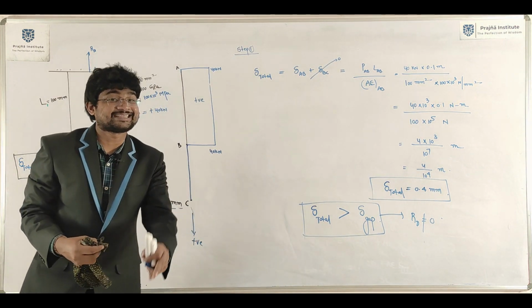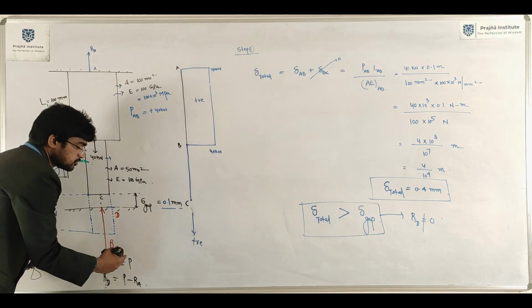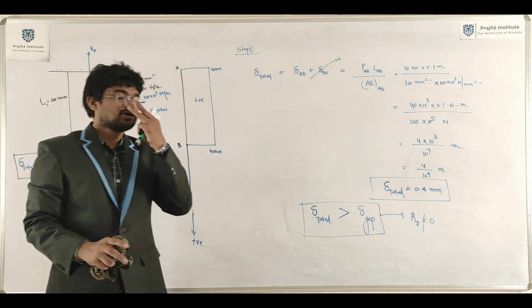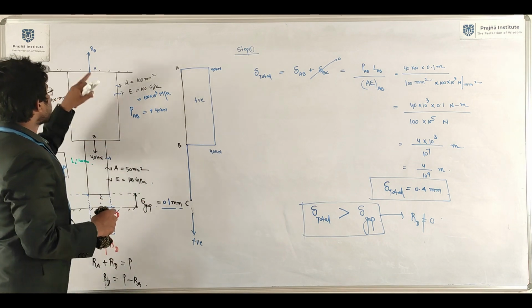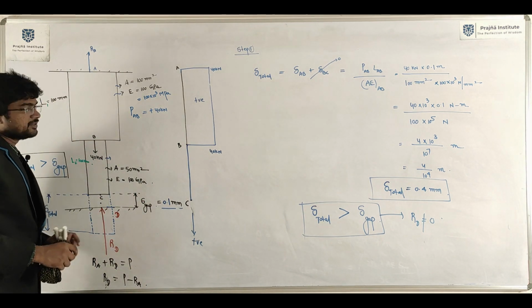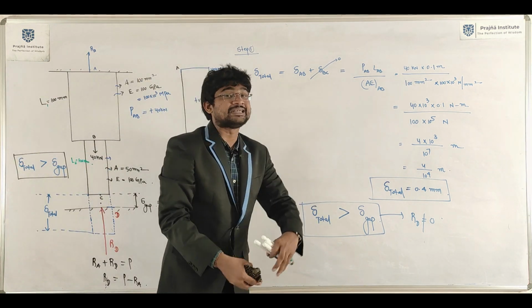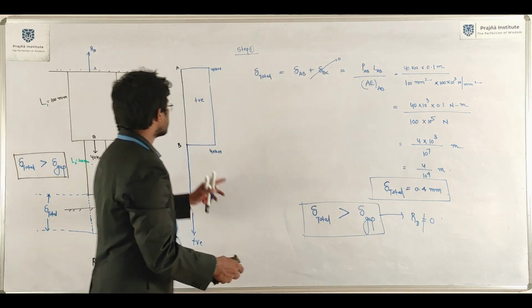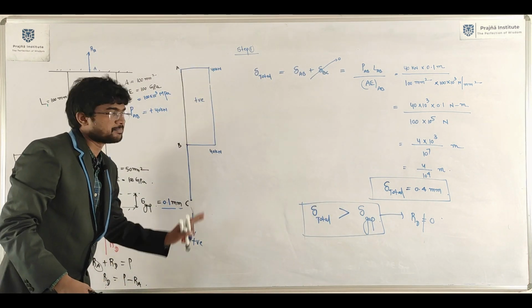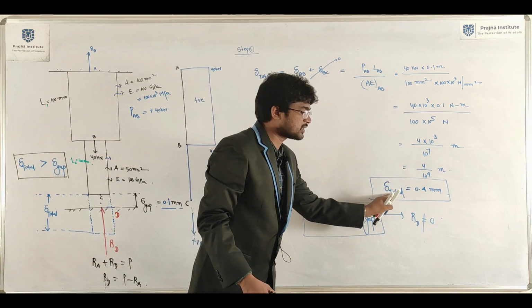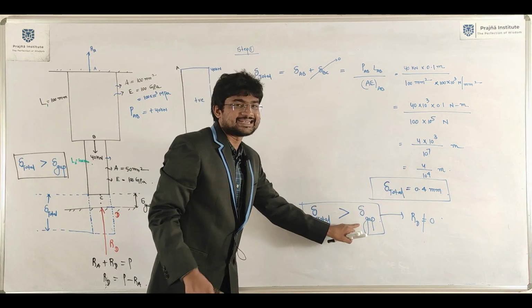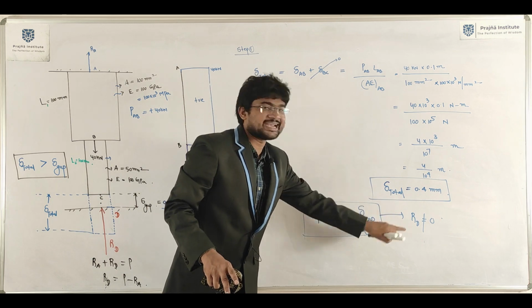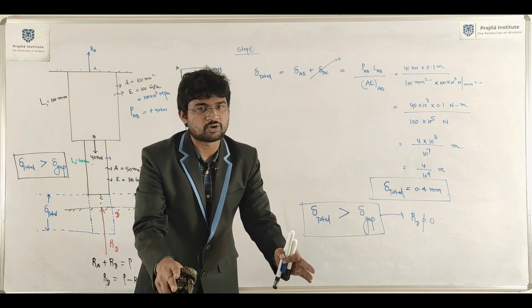So you decided that RD is not equal to 0. This is the procedure to decide whether RD is 0 or not: drawing the axial loading diagram, calculating delta total, and comparing with the delta gap.